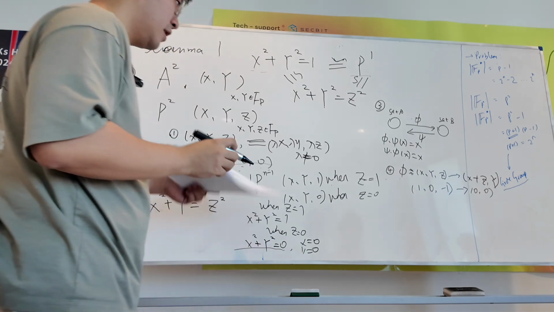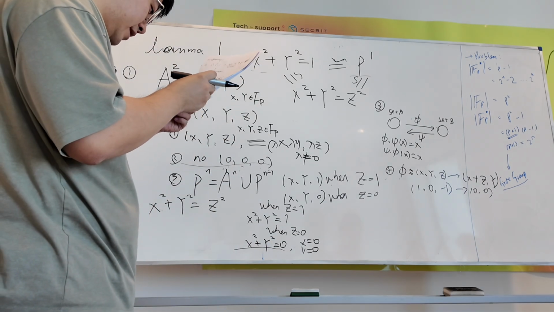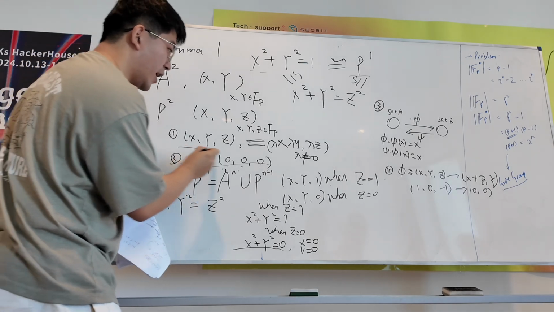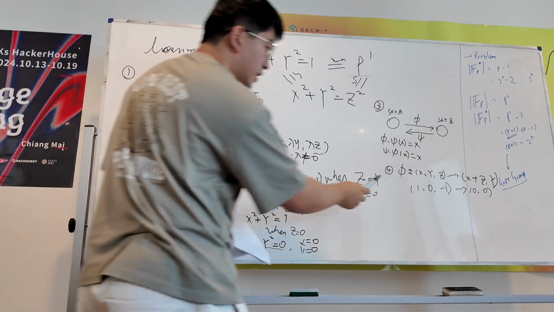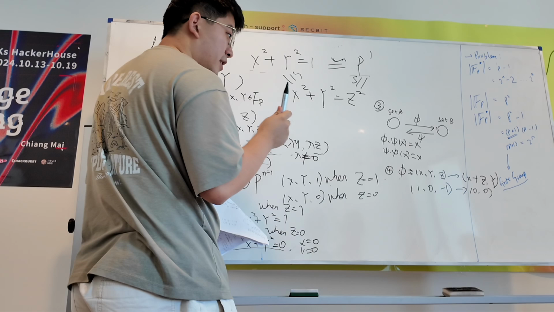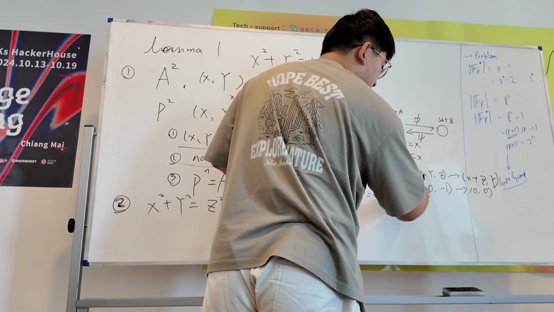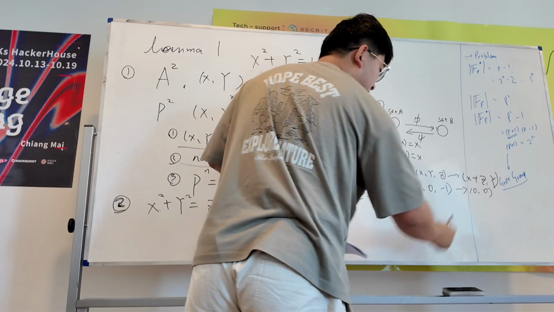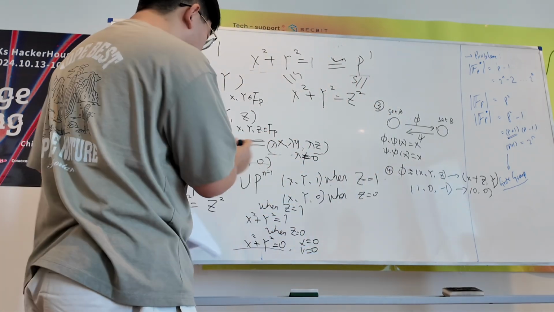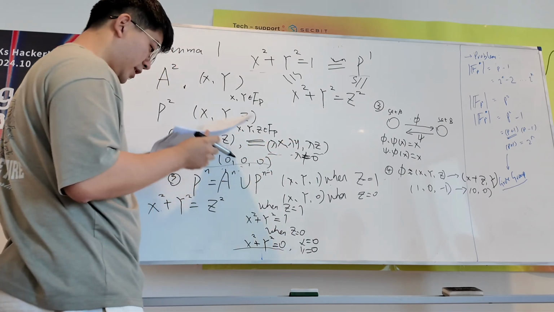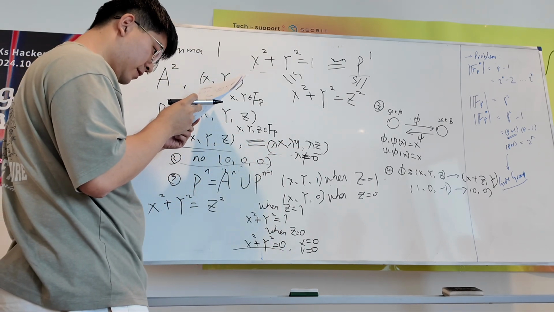So we can adjust the map because of the property of projective space: we can multiply all coordinates by the same factor, and it will be the same point.